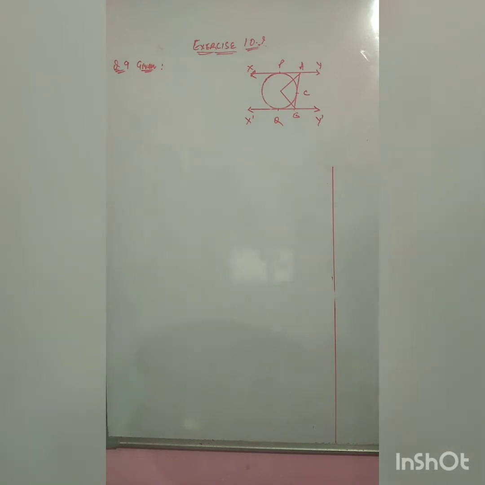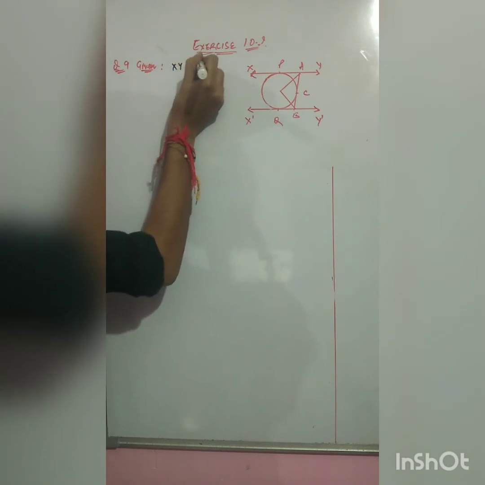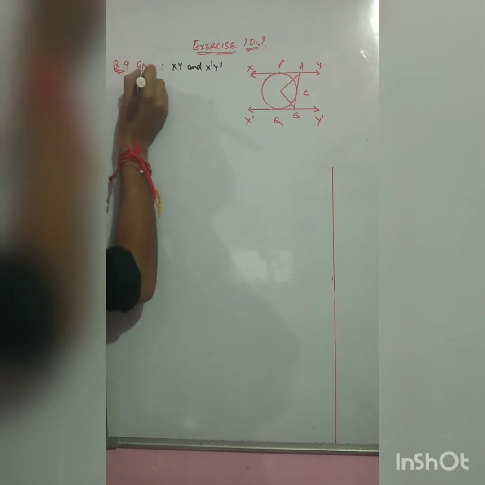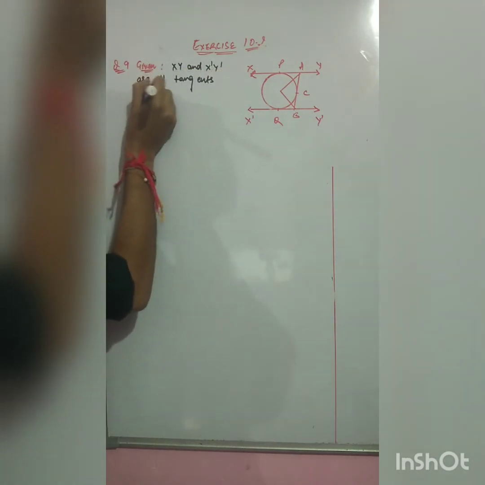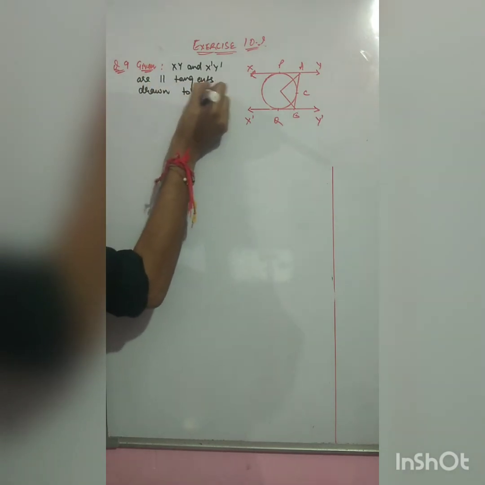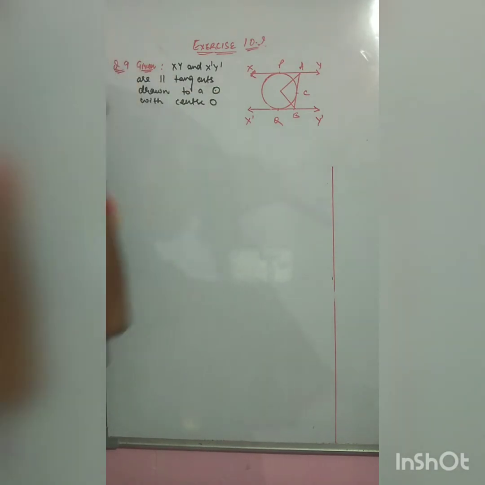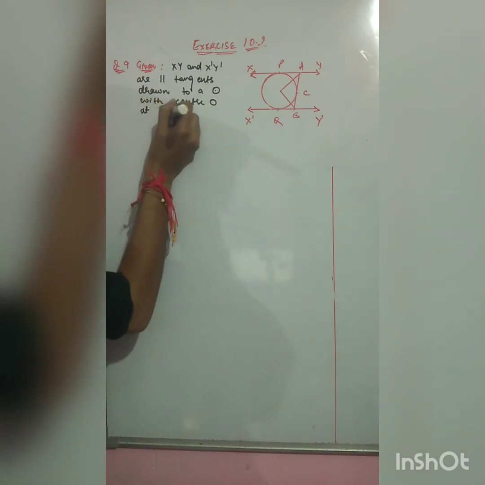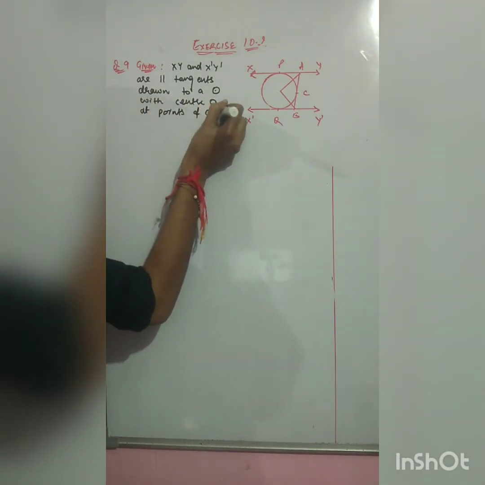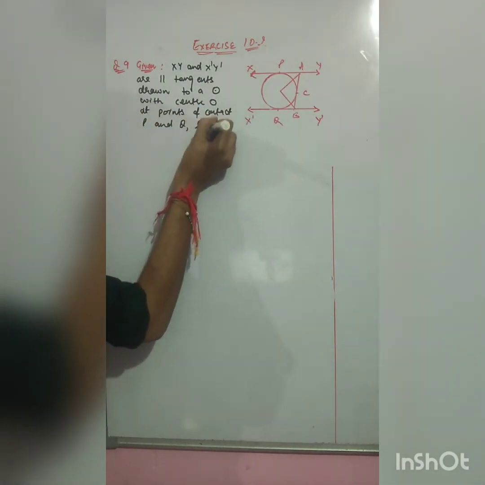Here we are given that XY and X dash Y dash are parallel tangents drawn to a circle with center O, at the points of contact P and Q respectively.